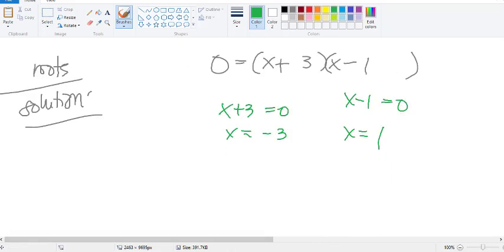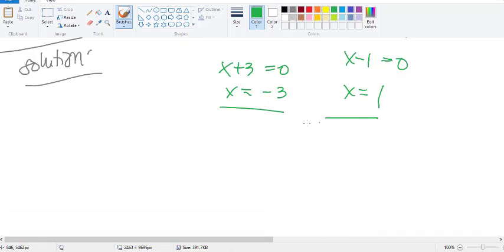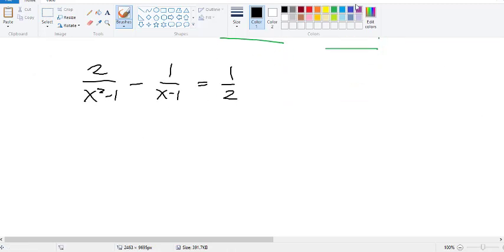Okay, so how do we know that the values that we got is actually a root or something that makes our original equation true? So, our original equation is this one. Okay, so i-try muna natin yung negative 3. Does it make this equation true?